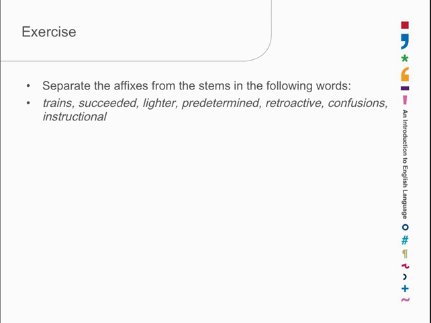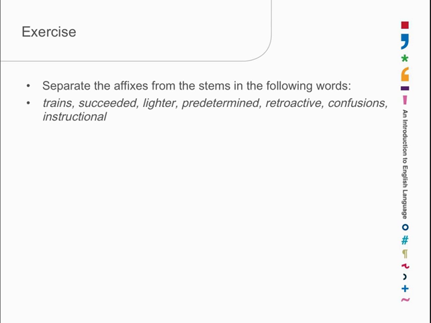The con was certainly a prefix at one stage, but probably not in English at this stage anyway, at our stage. Instructional, right, that's instruction with al coming off the end as an affix. Instruct with ion coming off the end as a suffix. And then in and struct, instruct, probably not.